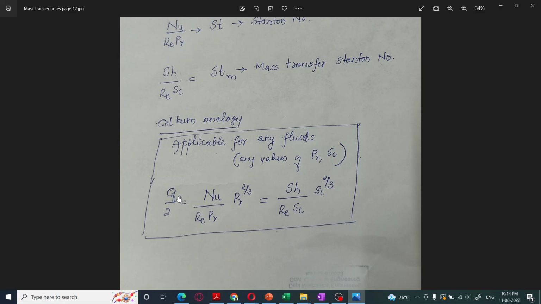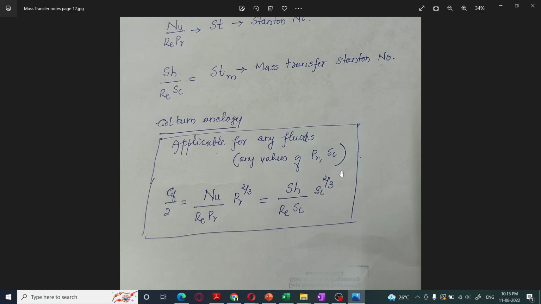So this will be Cf by 2 is equal to Nu by Re Pr, with Prandtl raised to 2 by 3, which is also equal to Sh divided by Re Sc, with Schmidt to the power of 2 by 3. All these will be given in the data book. So this is a more powerful equation, Chilton-Colburn, because this can be applied for any fluid.